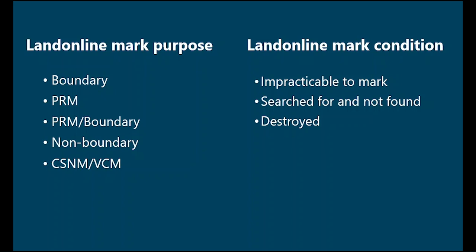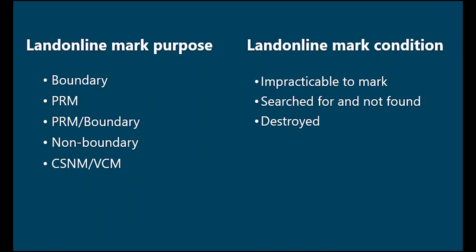Non-boundary stays the same as it was under the RCS 2010. We have added Cadastral Survey Network marks / vertical control marks, so these marks can be identified with a triangle symbol. There are also 3 new mark conditions you need to record.